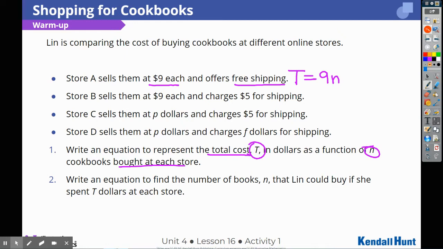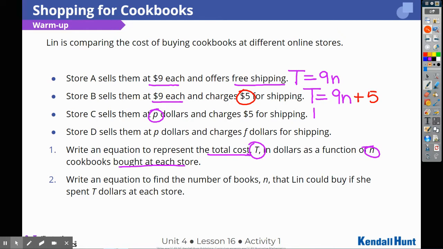Store B is still selling them for $9 each, but they're charging a $5 shipping fee. So the total cost is now equal to $9 times the number of cookbooks plus this $5 for shipping. Okay. Store C is selling them for P dollars. So they're changing that $9 to be available for any cost of the cookbook.